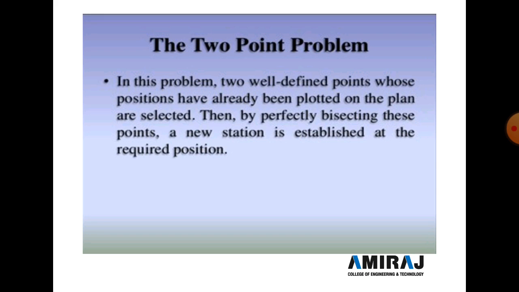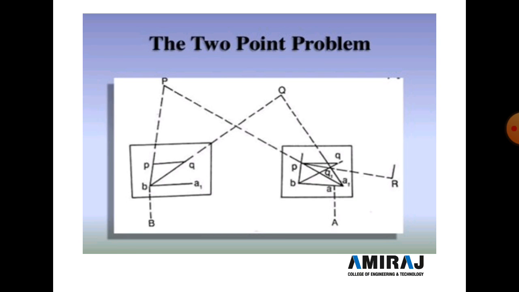Now another method is the two-point problem. We discuss this two-point problem method from the figure. Here two points A and B are fixed on the ground, and the distance PQ is measured without using the measuring tape.